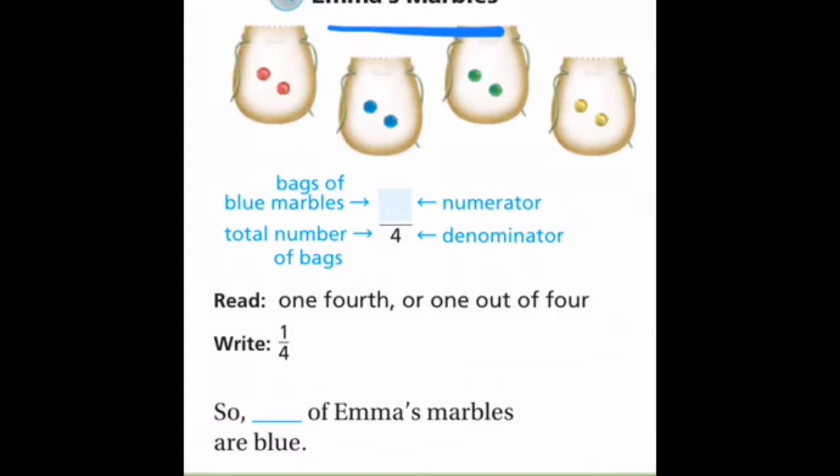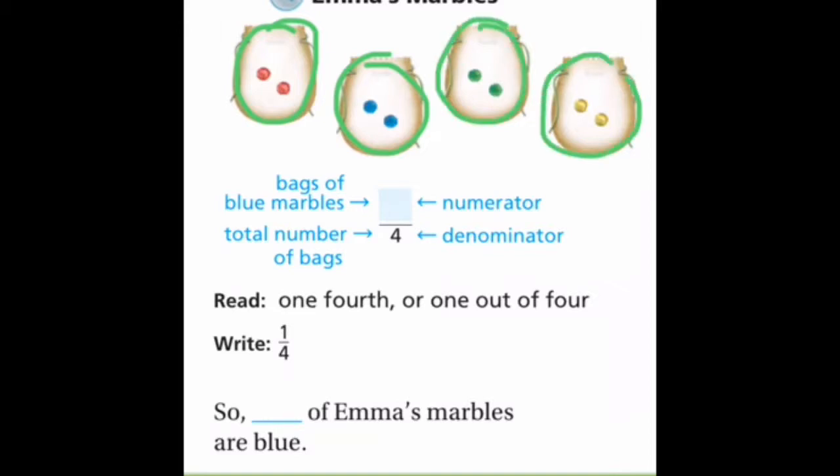Okay, now here, she also has 8 marbles, but she has them in a collection, in little groups, right? So she has a group here, a group here, a group here, and a group here. So she has 4 groups of marbles, or 4 bags of marbles. And what fraction of them, or how many of them, are blue?